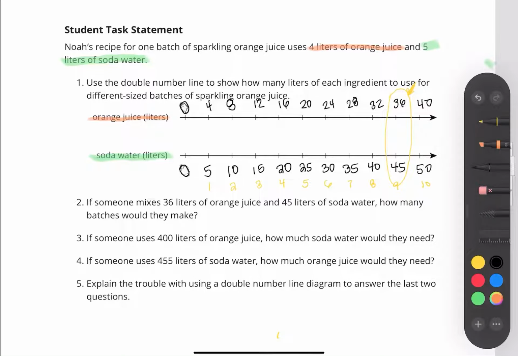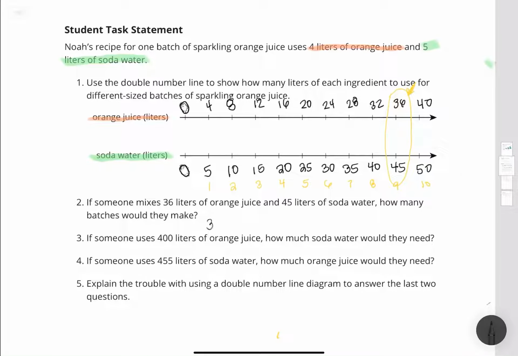So I will put 36 liters of orange juice and 45 liters of soda water would make 9 batches.